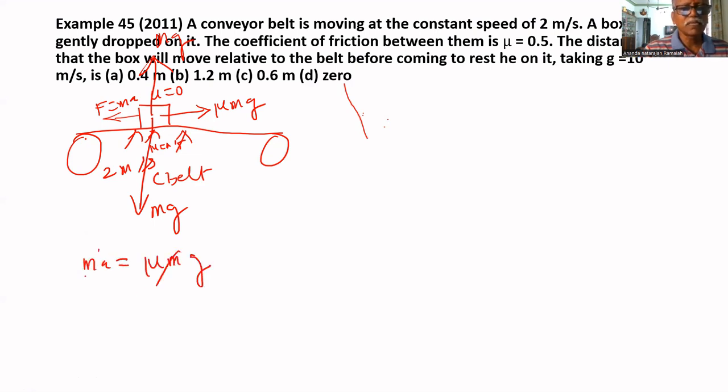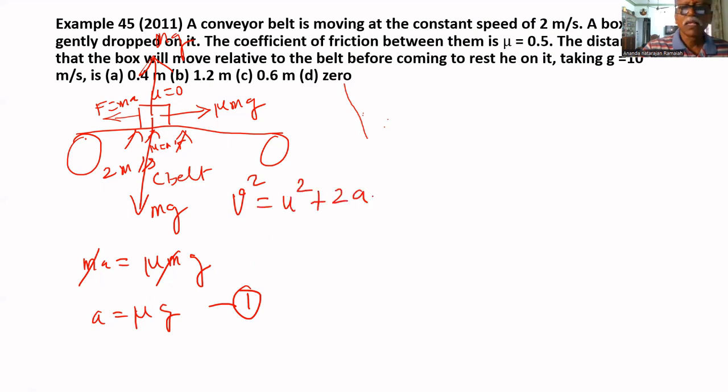The mass gets cancelled. Therefore, a equals mu g. But we do not know the distance; let it be s. We know v square equals u square plus 2as.